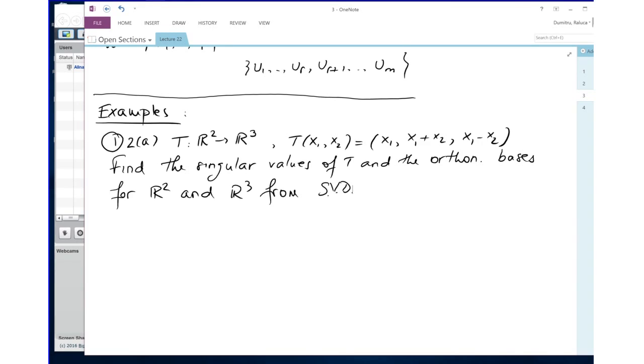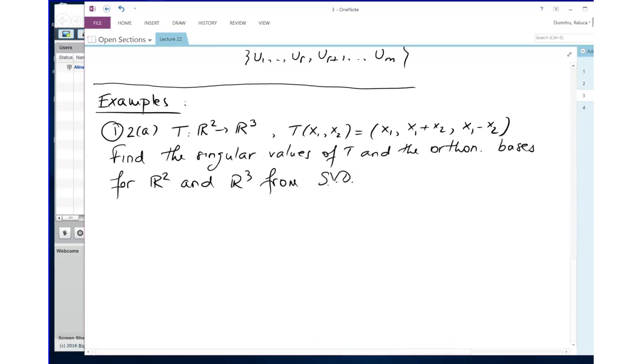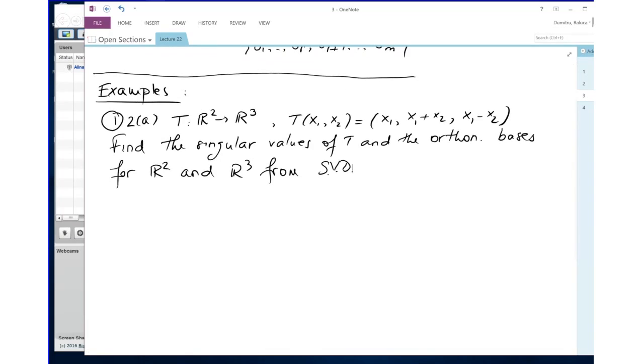That's why in image processing, for instance, I'm going to show you some examples of large-scale images stored in the computer using just the singular values of the associated matrix, and you'll see there is just a slight difference between the two images. So we'll look into that next time. But let's first try to see how to compute them.